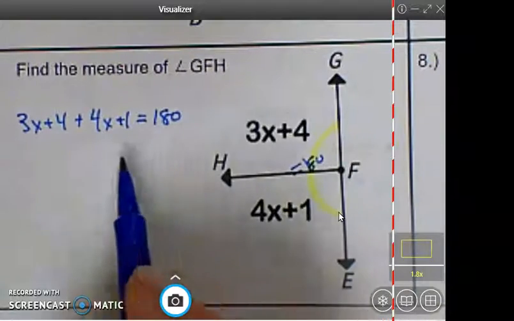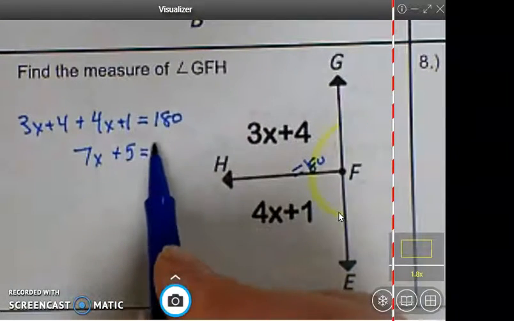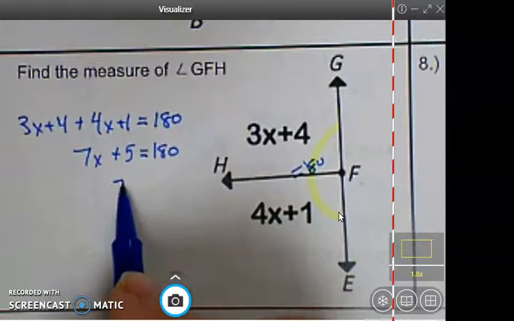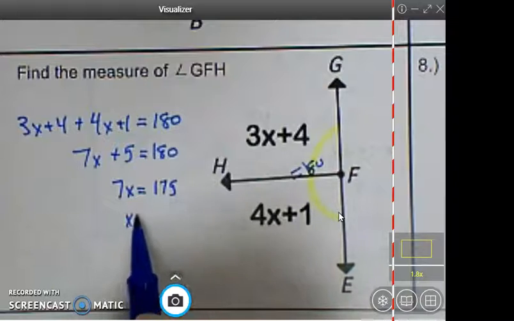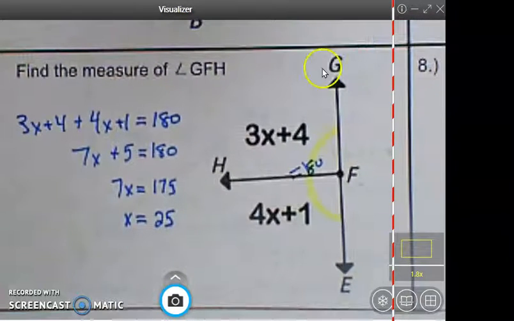As before, I'm going to put my like terms together. That's 7x plus 5 equals 180 degrees. Subtract the 5 and divide by 7, and they get x is 25. But once again, I recognize they're not asking me for x, they're asking me for the measure of GFH.